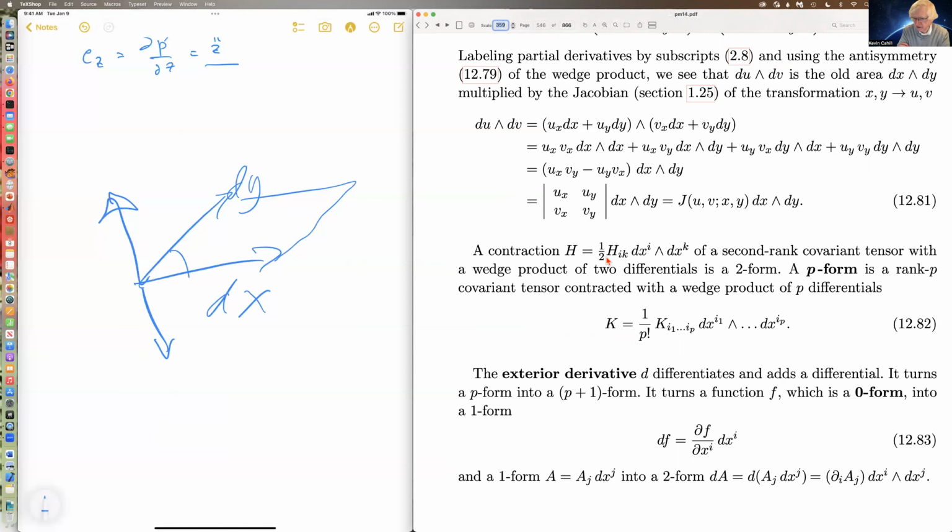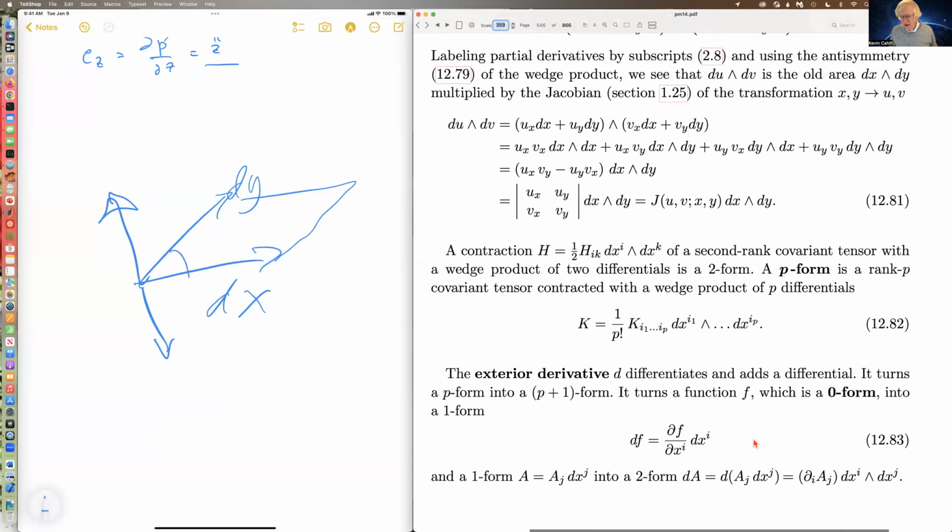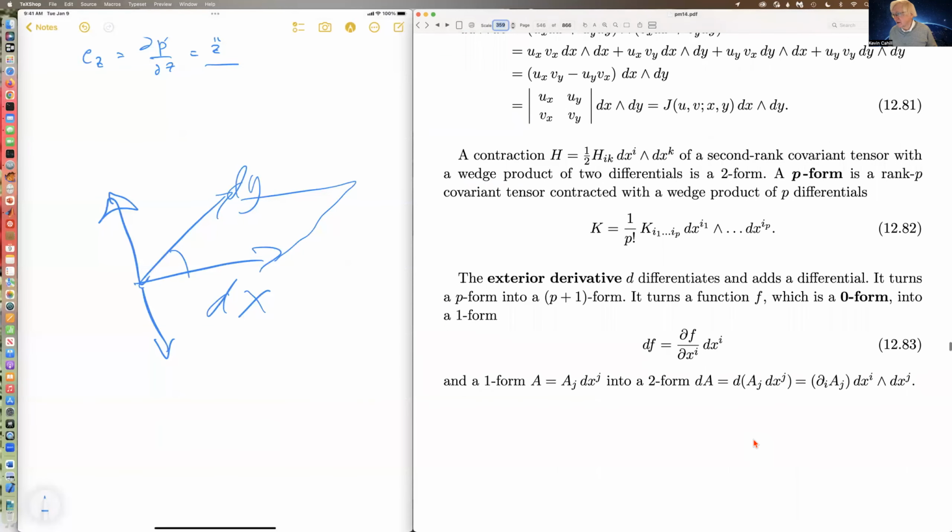And this is called a 2 form. More generally, a p form is you take p of these dx's and you multiply it by a covariant tensor of rank p, and conventionally you divide by p factorial. Anyway, this is a nice notation.